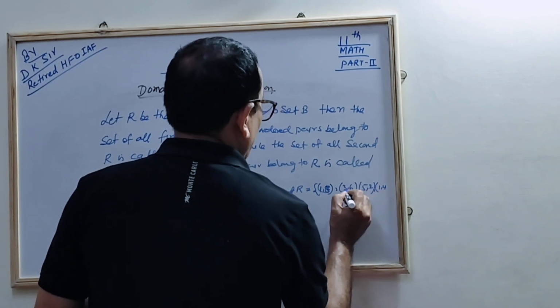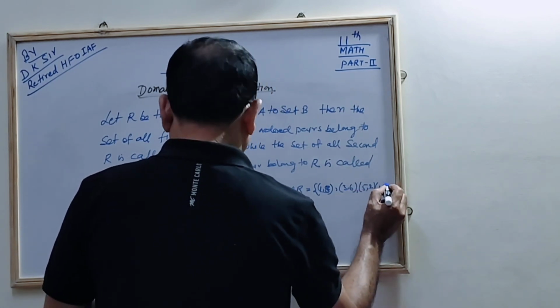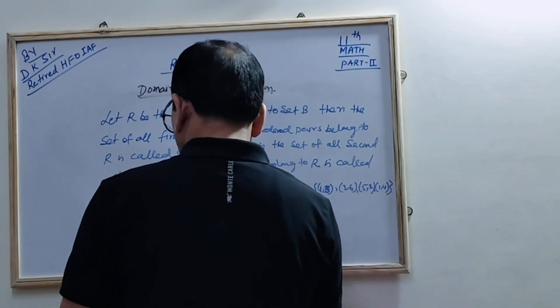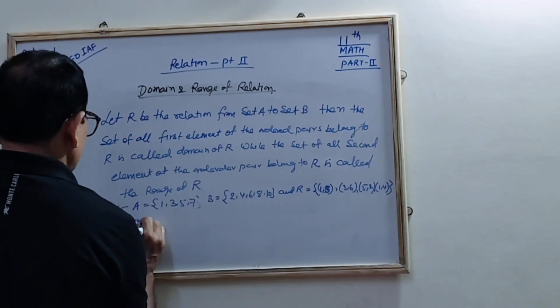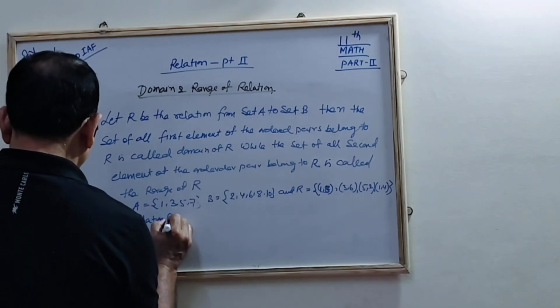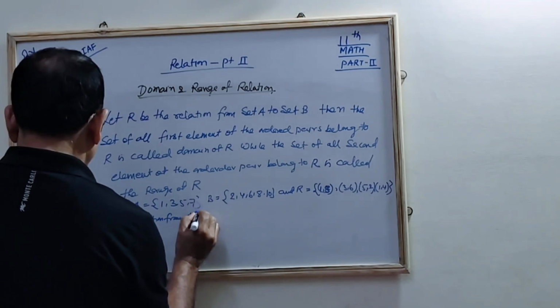There will be commas in between all the elements. This is a relation from A to B.